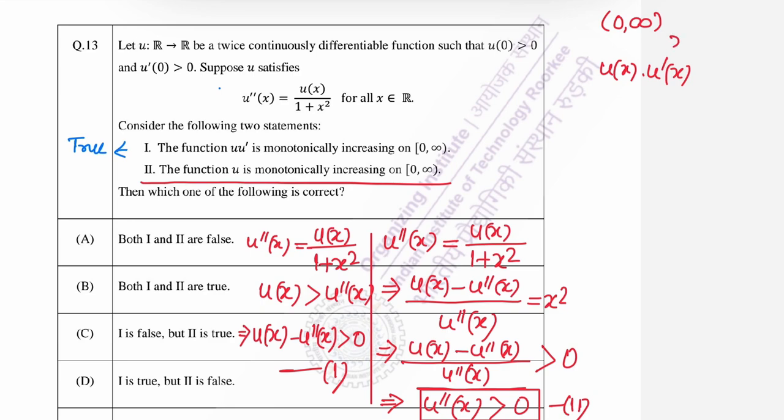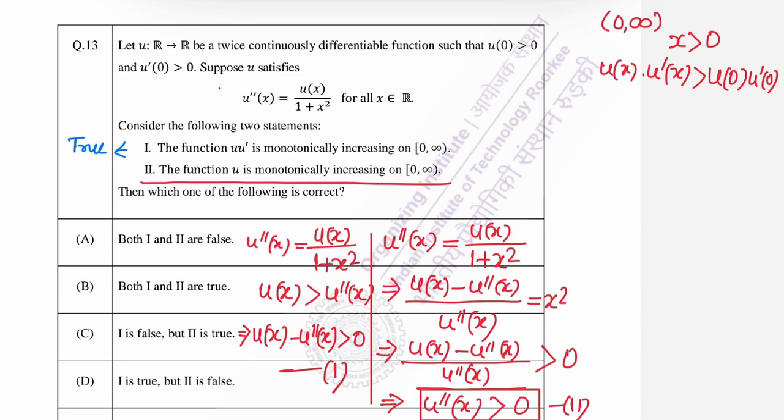It means that if x is greater than 0, then ux u dash x will be greater than u0 and u dash 0. Now notice these two values here, and the same thing in the question, these two are greater than 0. This means that both are positive.